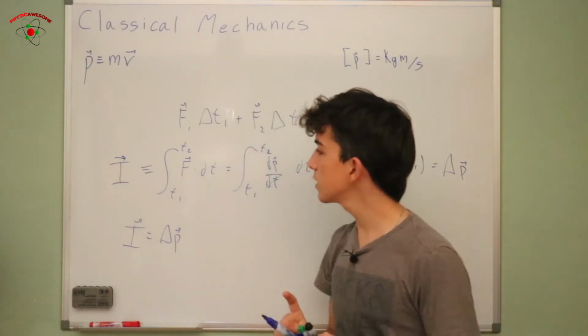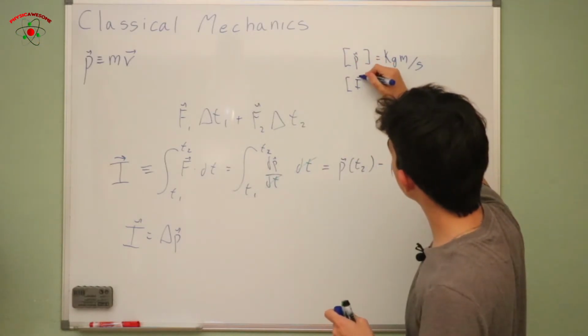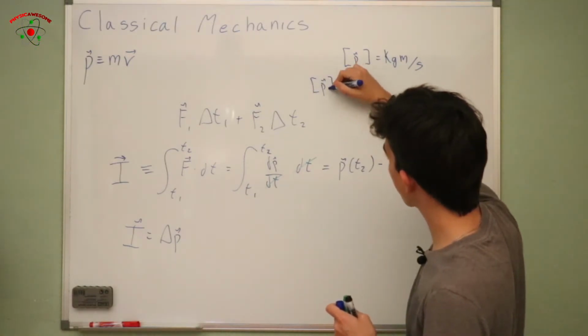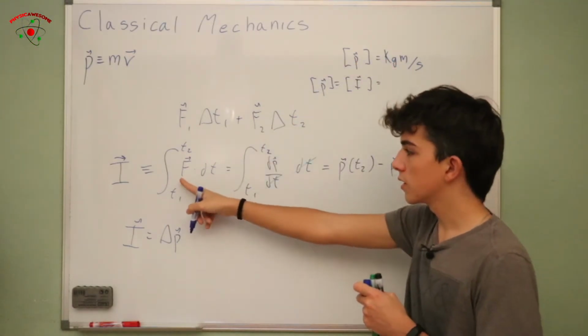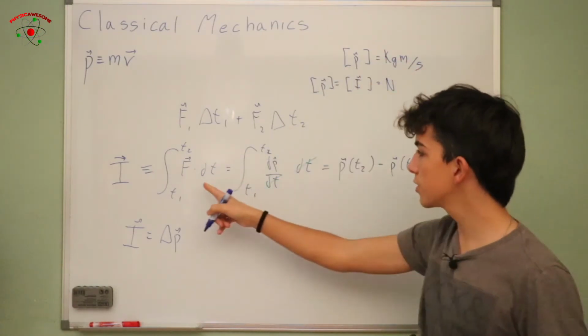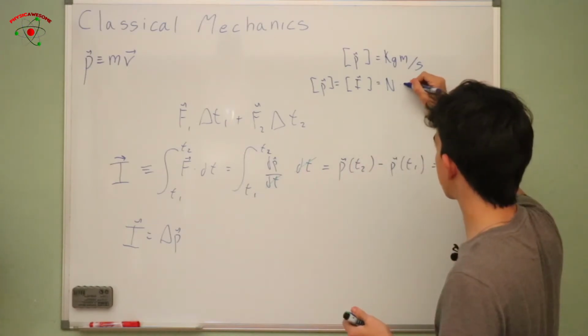Another way to get those units is from the definition of impulse, because we know it has the same units. Therefore, we see that this is the units of impulse, which equals the units of momentum, are the units of force, which is newtons, times the units of this differential, which is time, that is seconds.